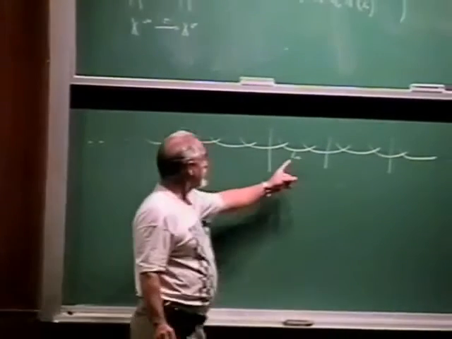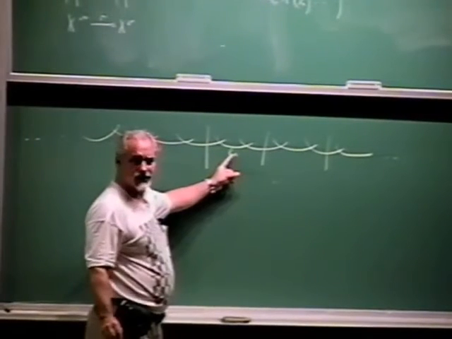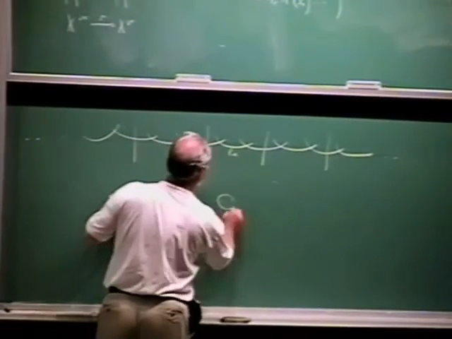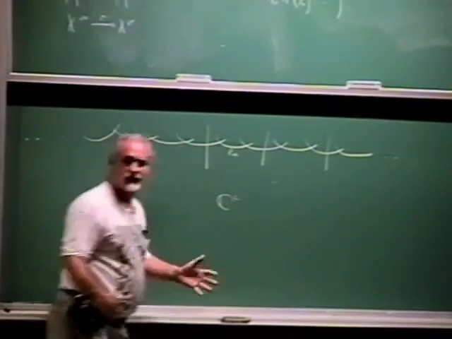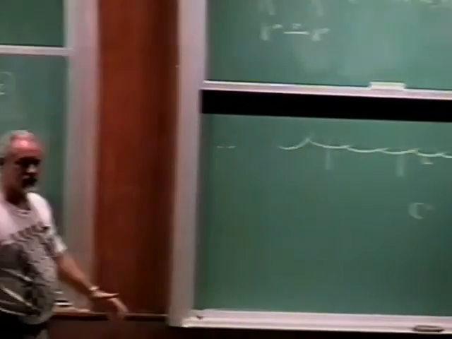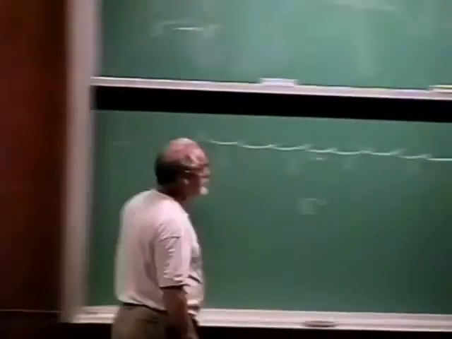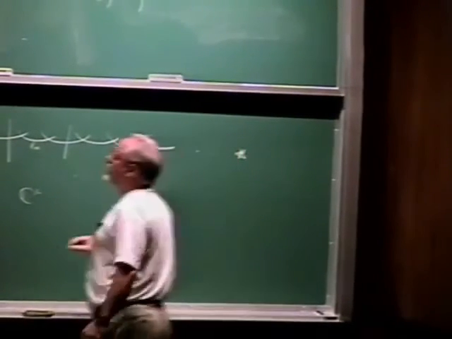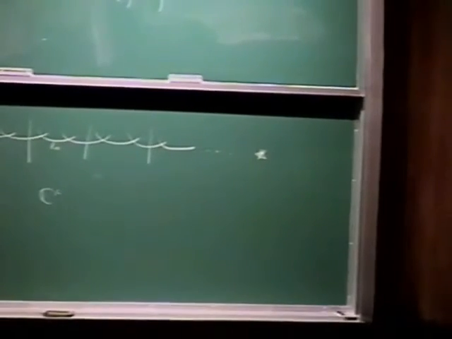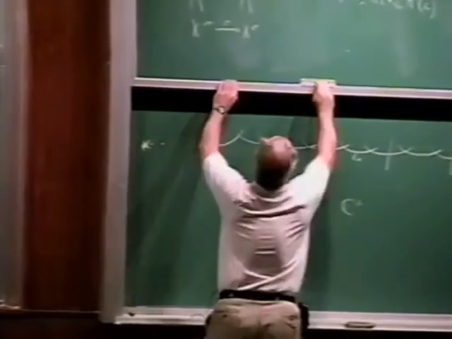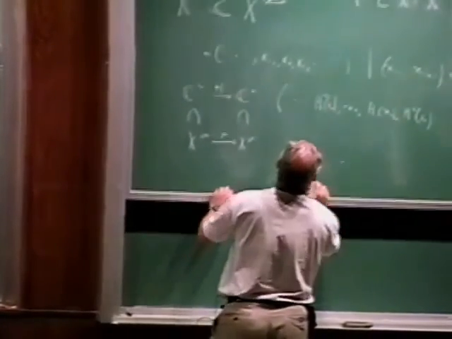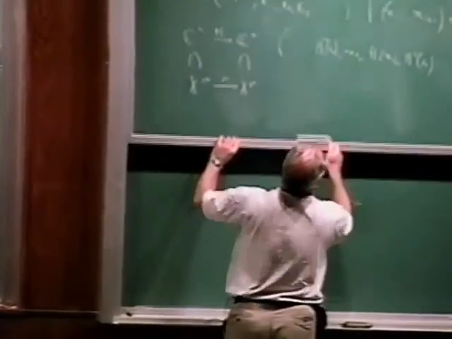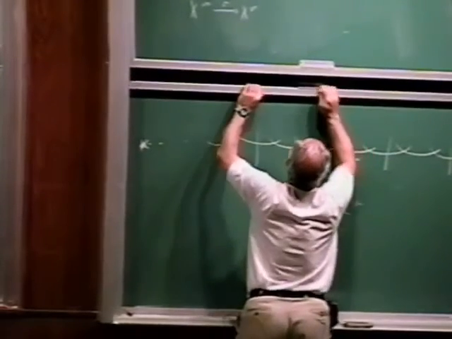So there's the line of infinity, C2 is sitting out here, and that is sitting at infinity. And in particular, at infinity, there are two horrible bad points.